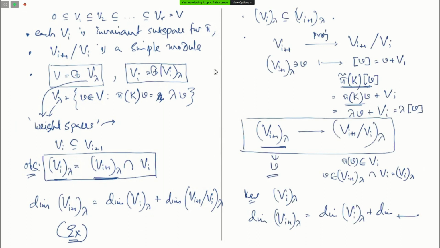Then the image will have a non-zero element, and then it has to be onto. That is the part you have to argue. It's possible for a lambda that this is non-zero, but they are equal, so that this part is 0. That is possible.